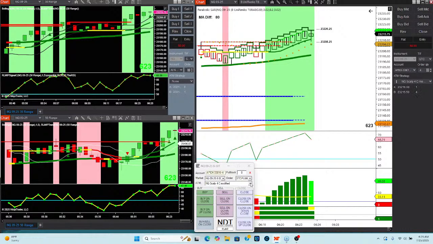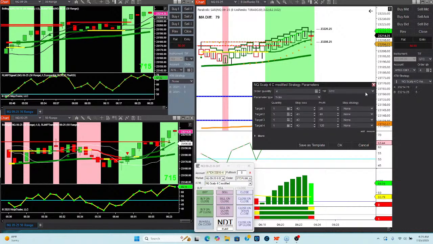And right now, what I have on my modified NDT or ATM strategy is, if you look at this, I have 4 contracts, one at 100, one at 200, one at 300, and one at 600.